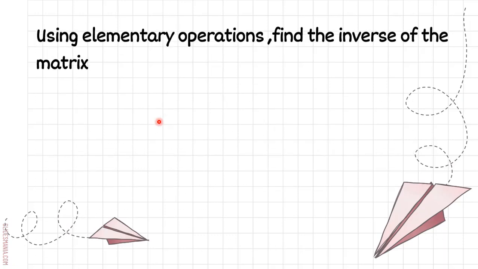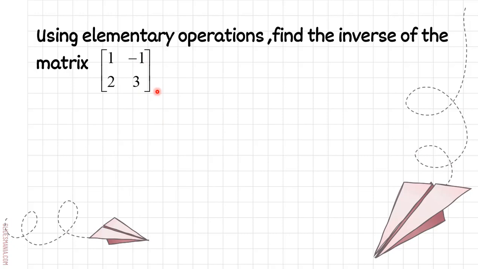Now consider the example. Suppose you are given one 2 by 2 matrix and you are asked to find the inverse of that matrix by using elementary operations. When you use the operations, use either row operations or column operations. So in this example, this is a 2 by 2 matrix.